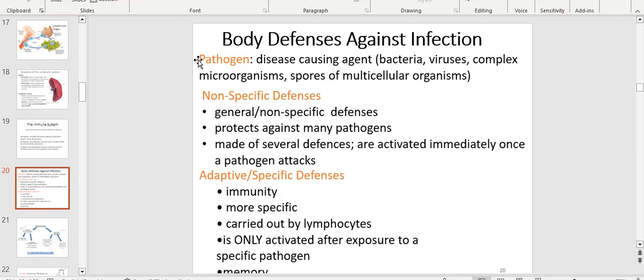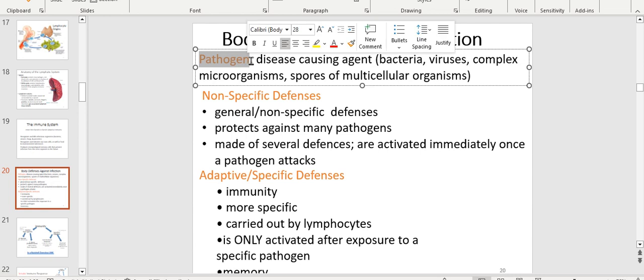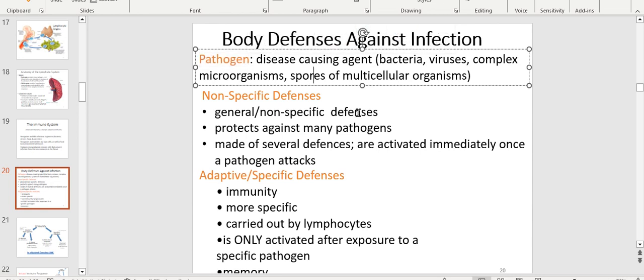First of all, identify what a pathogen is. A pathogen is anything that is a disease-causing agent: spores, bacteria, viruses, protozoa, these kinds of things. Pathogen just means an organism that's going to cause a disease.